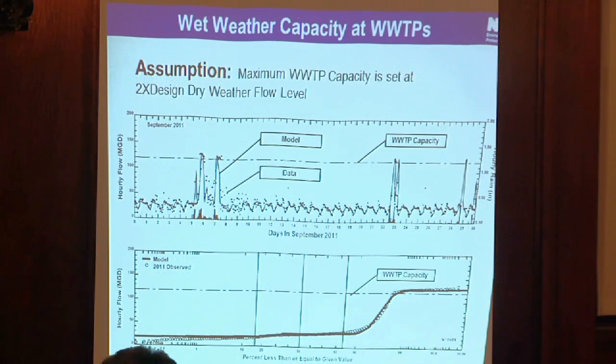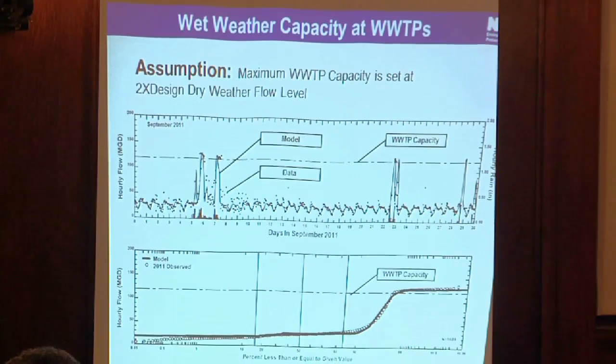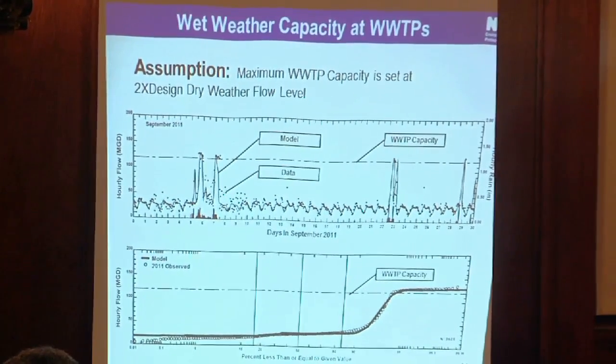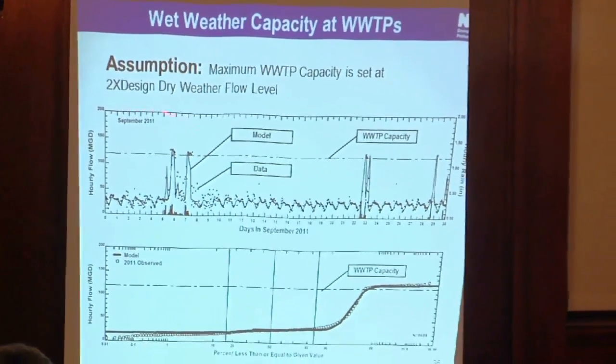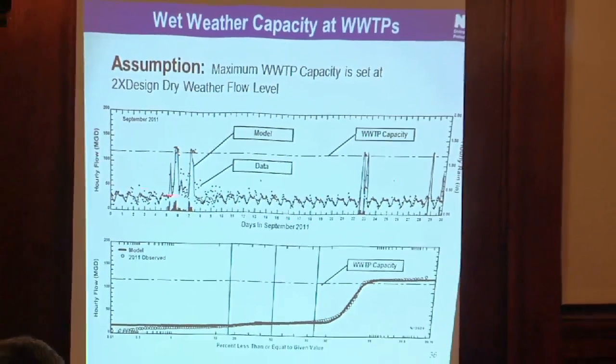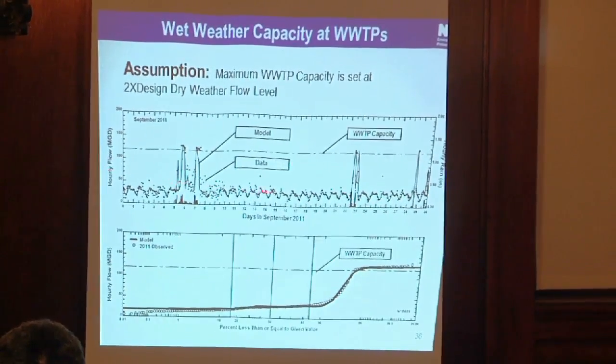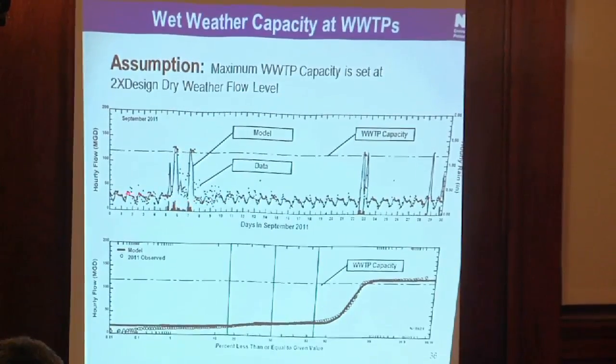So this slide and the next slide have some assumptions that we are continuing to discuss with DEC. And one of the assumptions is the treatment plant capacity. We're using 2 times design dry weather flow as the plant capacities. And the basis for that is that this is an example of plant inflows that we see at Red Hook treatment plant.